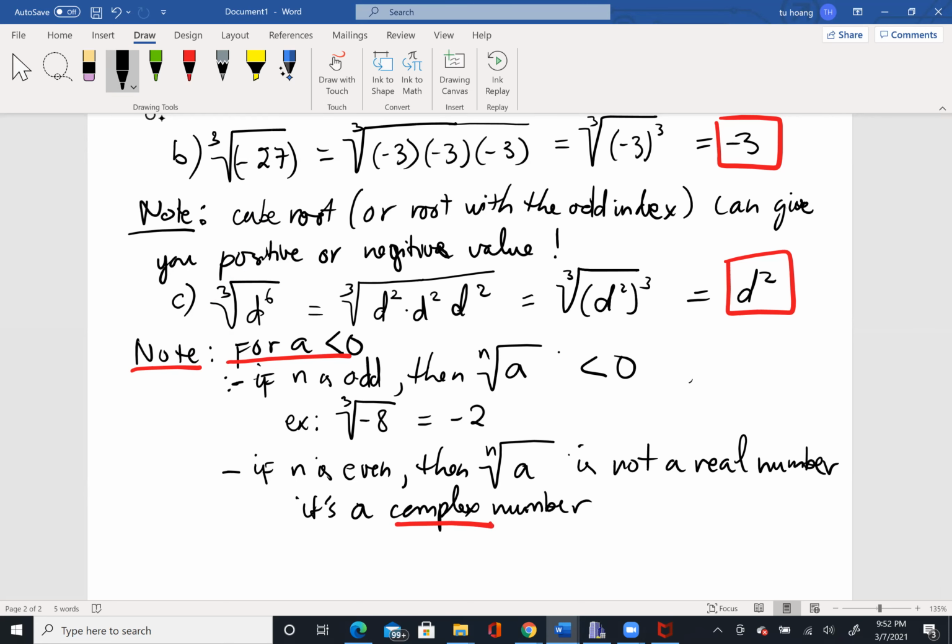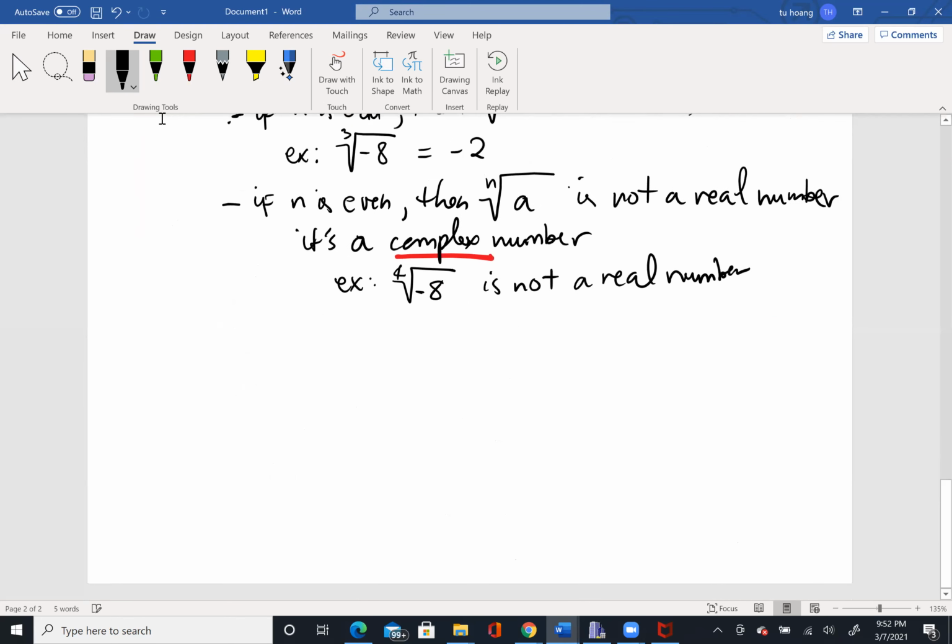So for example, the fourth root of -8. This is not a real number.